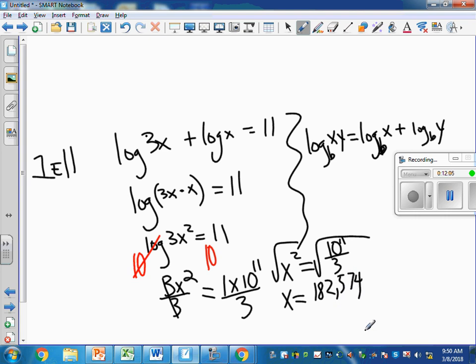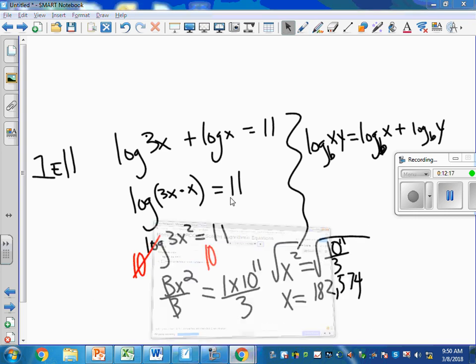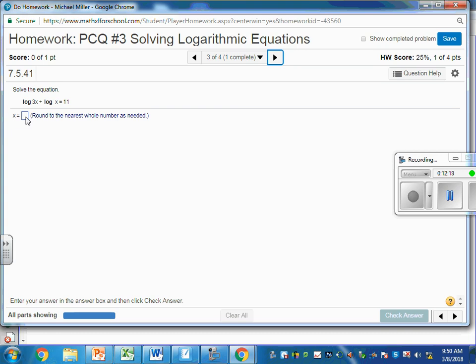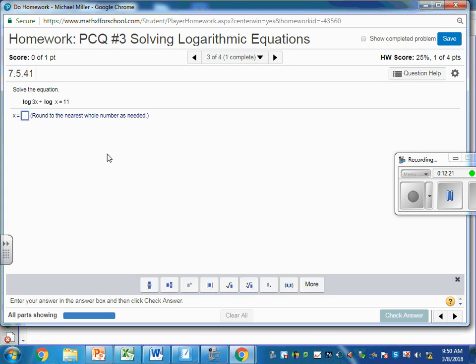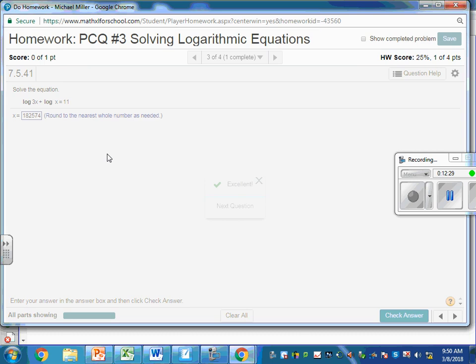It said round to the nearest whole number. And so that should be our answer: 182,574. So let's go to the answer box and see if it likes it. 182,574. Okay, all right. Hey, I got it right.